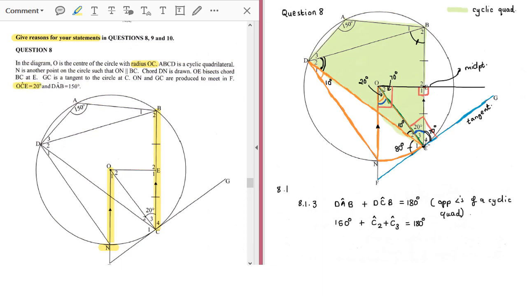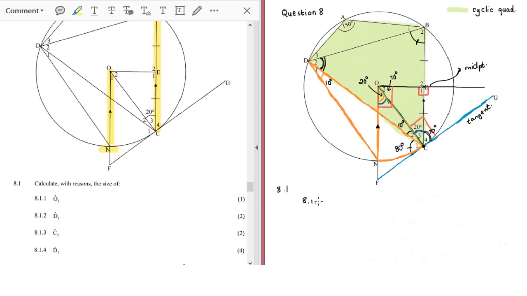But anyway, we can just recognize that instead of writing it down. So we're going to do another substitution of 150 degrees plus angle C2 plus 20 degrees is equal to 180 degrees. So then therefore, angle C2, we don't even need to show that simplification, is equal to 10 degrees.